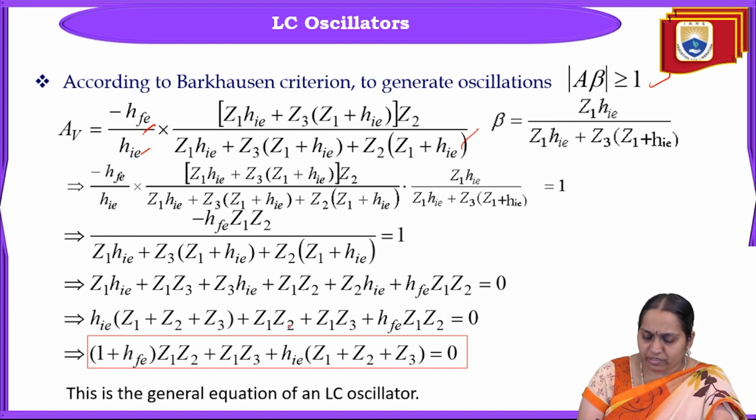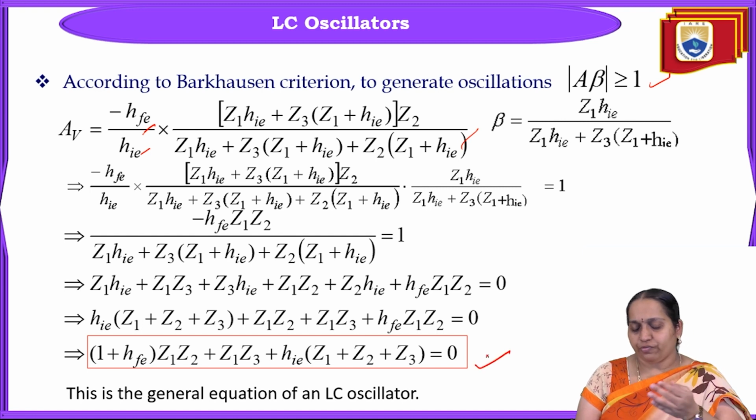If you simplify further, you'll see that the general equation is given by 1 plus hfe into Z1 Z2 plus Z1 Z3 plus hie into Z1 plus Z2 plus Z3 equal to 0. Let's simplify this equation, taking cross multiplication. Taking all the terms to one side, you will have the final equation of the LC oscillator.